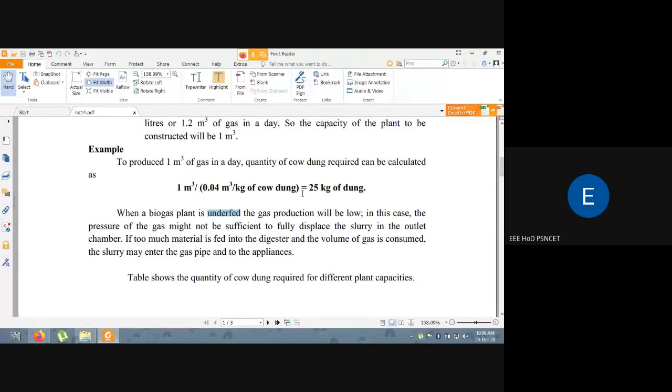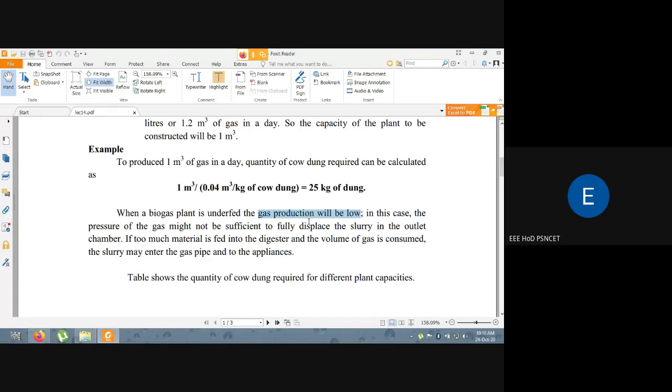Here we have seen, to operate a 1 meter cube size biogas plant, we should have 25 kgs of dung. Suppose we are not able to get this 25 kilograms of dung, the gas production will be low.